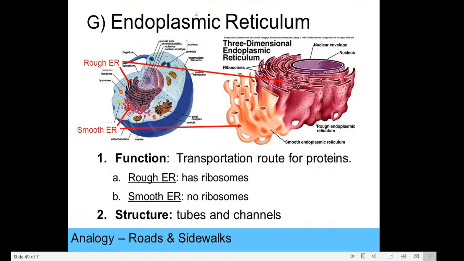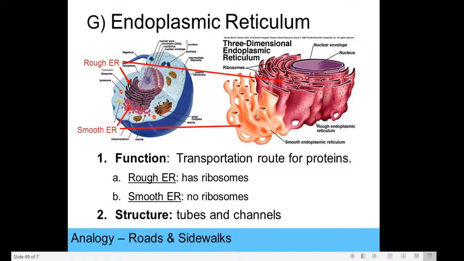Here is the endoplasmic reticulum. It's a three-dimensional view of how it is arranged. The external surface is called the smooth. The internal part, near to and attached to the nucleus membrane, is called the rough endoplasmic reticulum. The rough endoplasmic reticulum has the ribosomes.